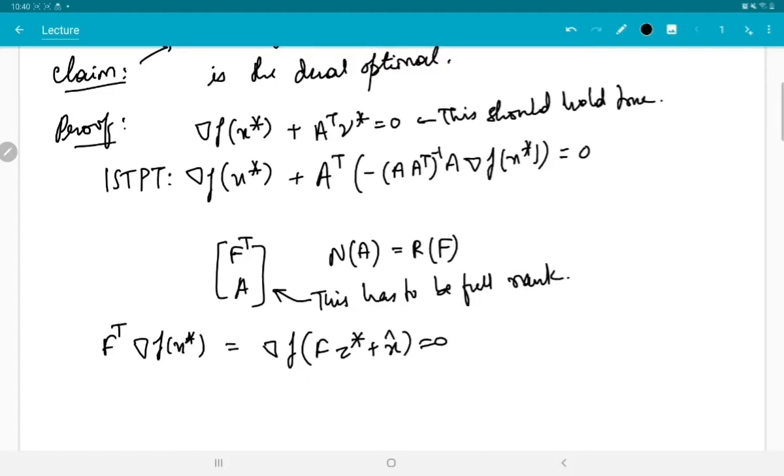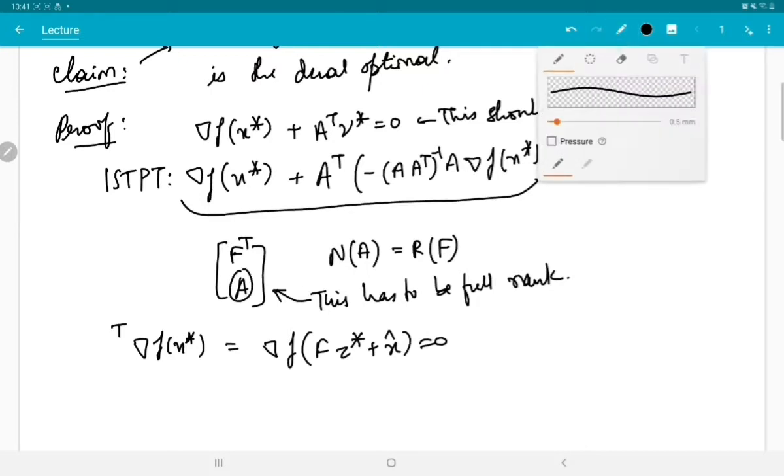So the top block is 0. And the bottom block is A times this term, and what is that?